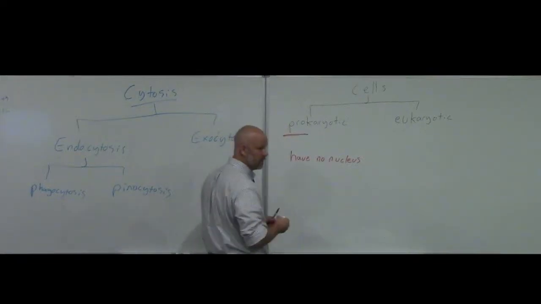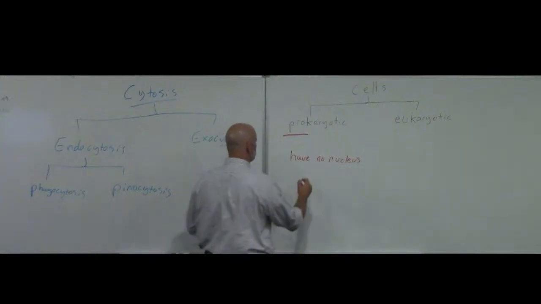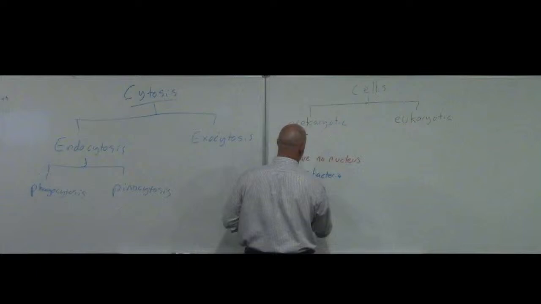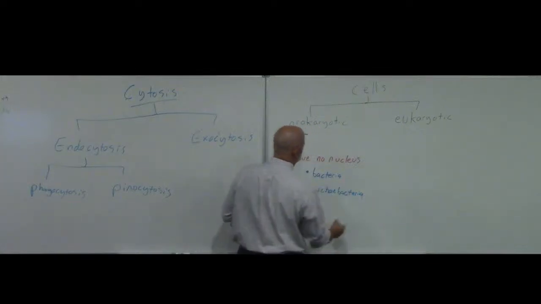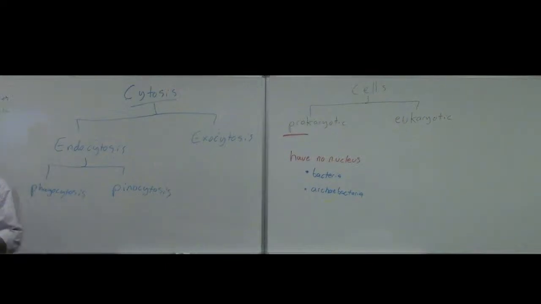These are things like bacteria and archaebacteria. Later on, we'll further break those down based on other cell parts that they do and don't have. But that's the basic of it. If you were to see a cell and it has no nucleus, there's a pretty good chance that it's a prokaryotic cell.